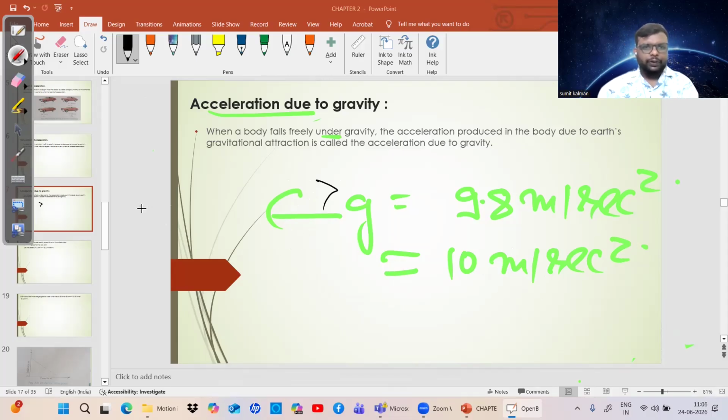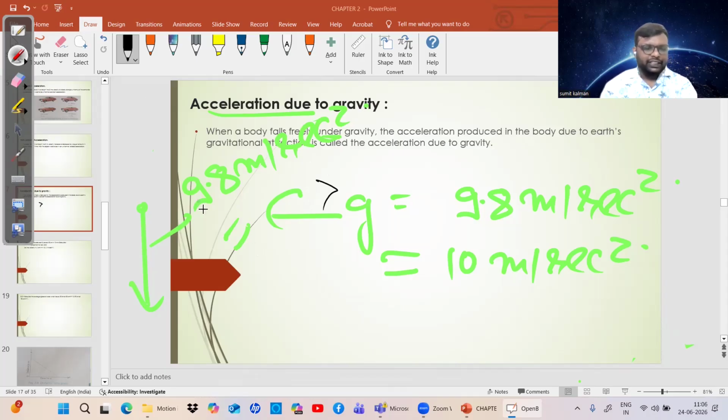Now, students, suppose a body is falling freely under gravity. Then its velocity will increase at a rate of 9.8 meter per second square.